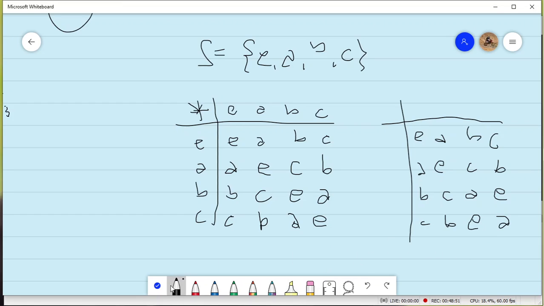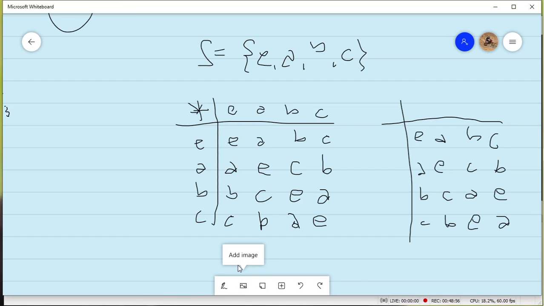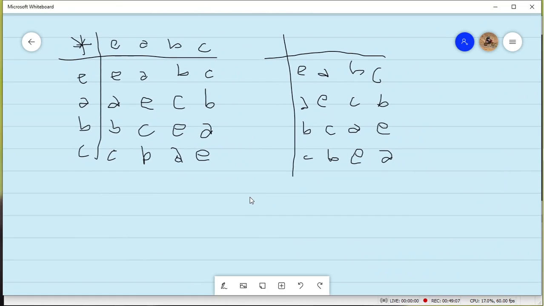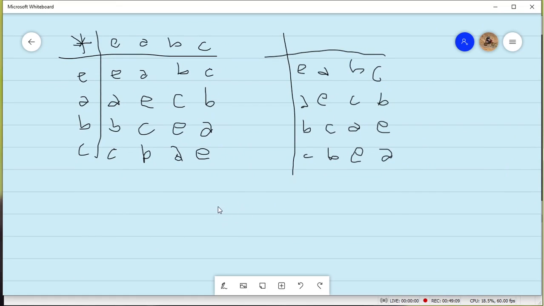Okay. In checking the associativity of the operation, actually, we would have to resort to checking all ordered triples. And that would be quite tedious. So, in this case, we will just be satisfied by satisfying the condition that all four elements are in each row and each column.